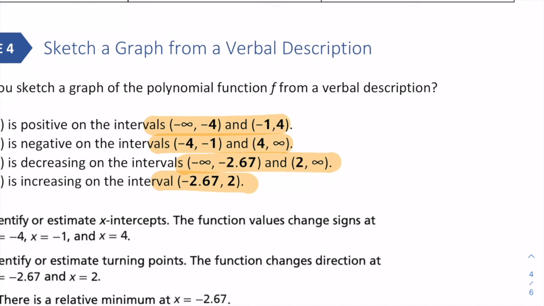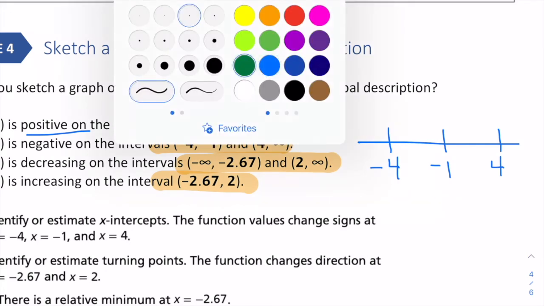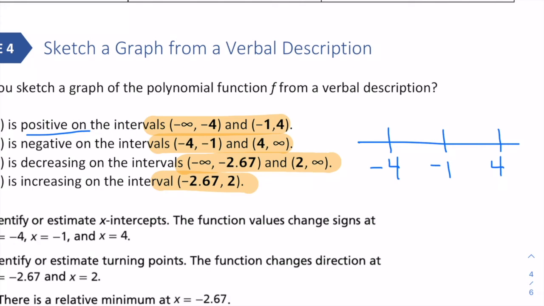So remember, when something is positive, it's going to be above the x-axis. I'm just putting these points here. And so we know that the function is going to be above the x-axis. I'll put this in green right here.